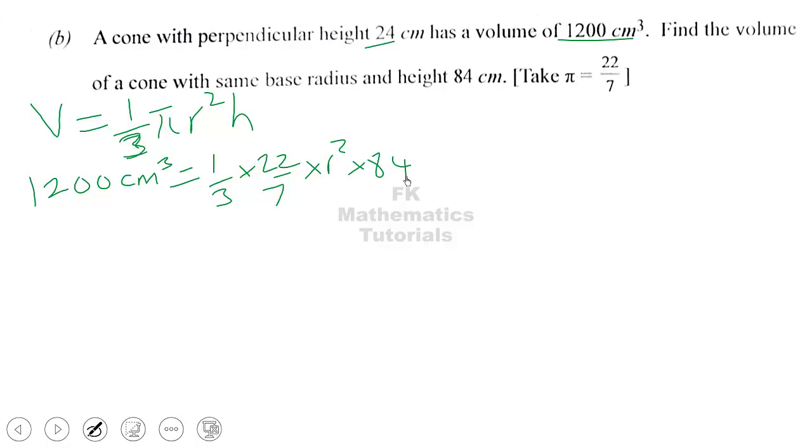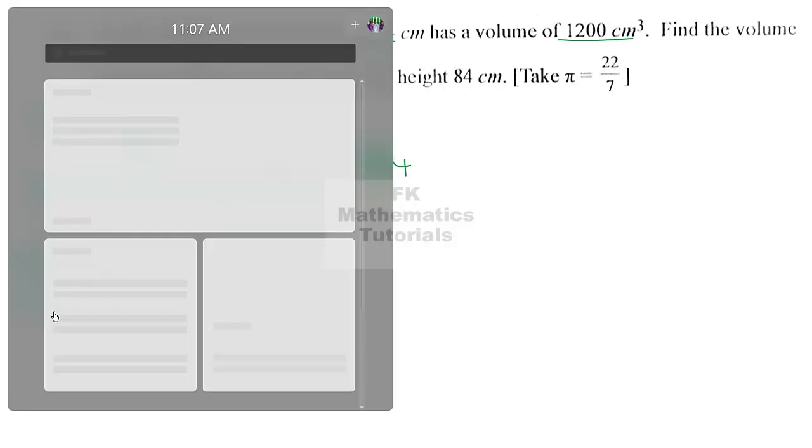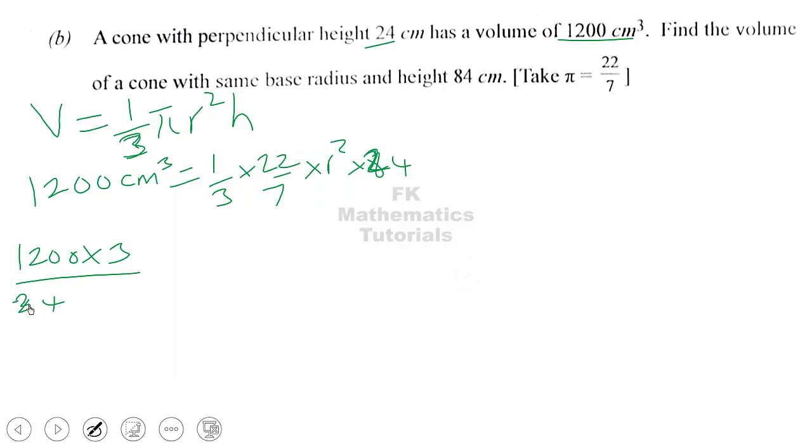So let's simplify this. So we have 1200 times 3 over 24 times 22 over 7 equal r squared.